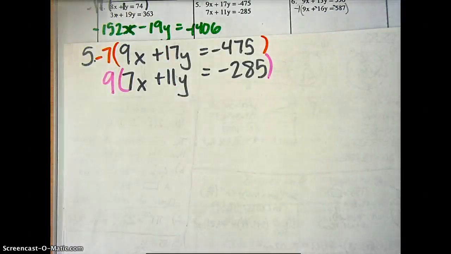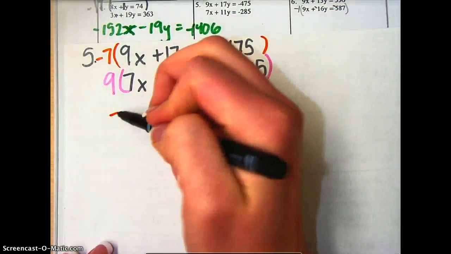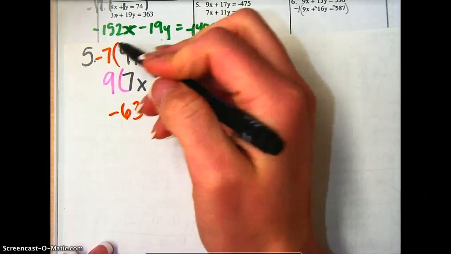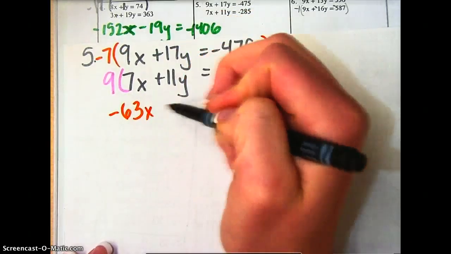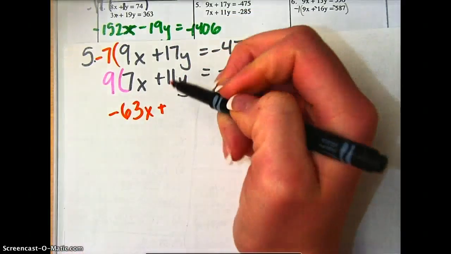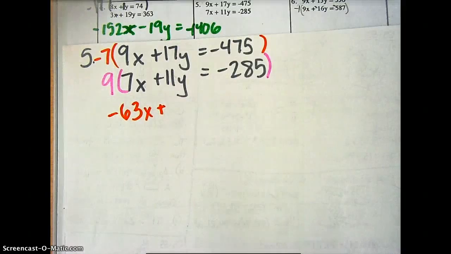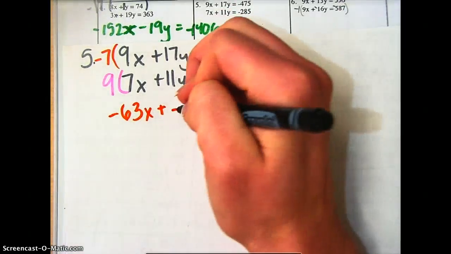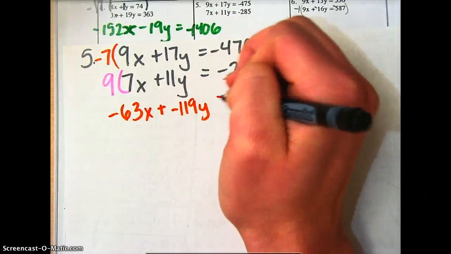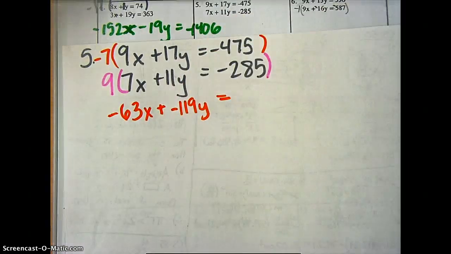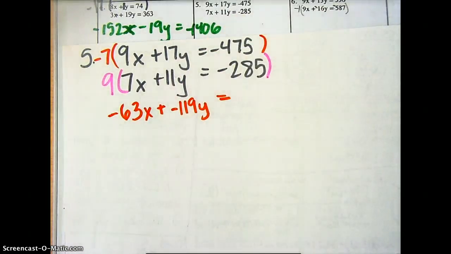Here's why this is helpful. The top equation becomes -63x, because 7 times 9 is 63. Plus, let's see, timesing the 17 by -7, I'm going to get -119y equals, I have to times the 475 by -7.